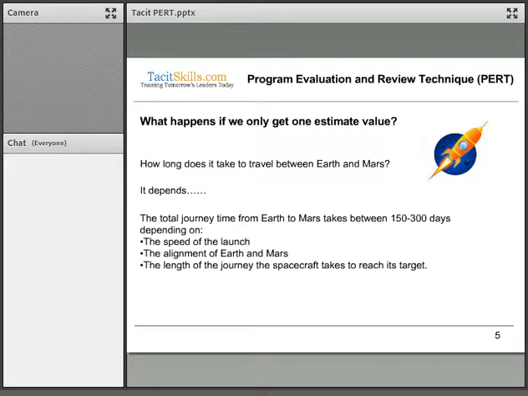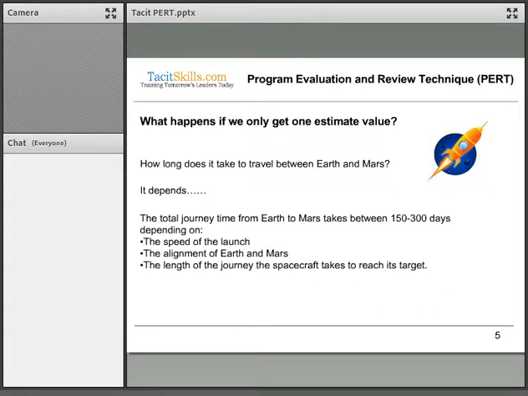Obviously, it can depend on the speed of the launch. It can depend on the alignment of Earth and Mars, how far apart they are at that specific stage, because their orbits do bring them closer and further apart from each other. And then it will also depend on the length of the journey that the spacecraft is going to take. As we know, the spacecraft does not always fly in a straight path.